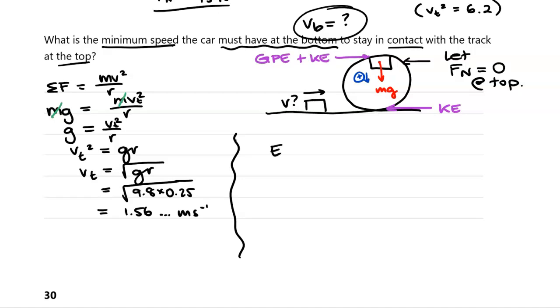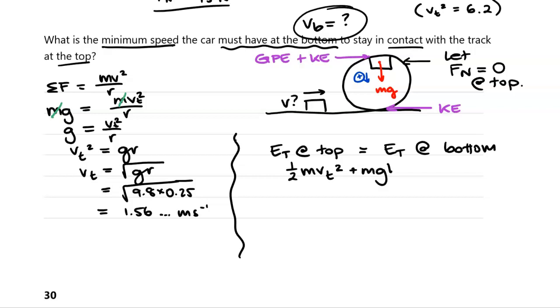So let's write our energy equivalent statement again. The total energy at the top will equal the total energy at the bottom. Doesn't matter which way around you write those. So total energy at the top, we said we'd have half m v top squared plus mgh, and that's going to equal the energy at the bottom, which is just kinetic energy, so half m v bottom squared.